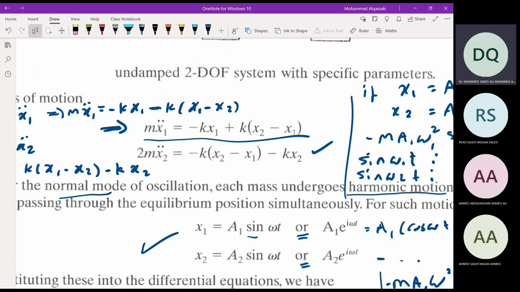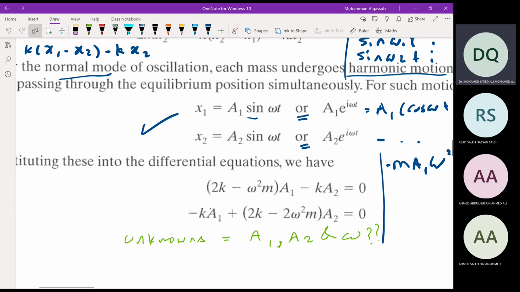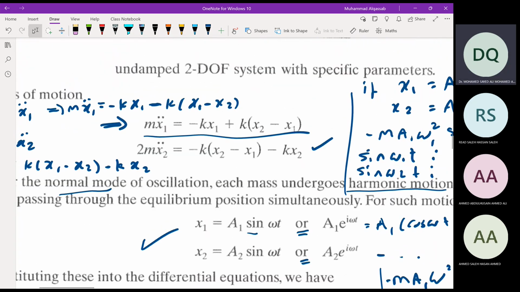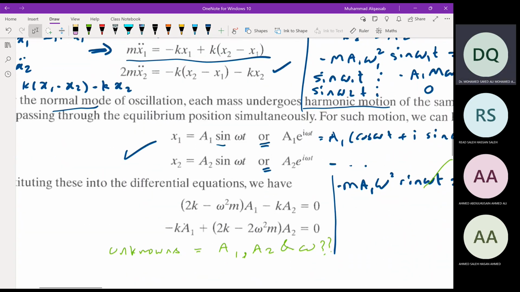So we omitted n and we will use omega 1, omega 2. Now it is omega, which means the natural frequency. So here, with the assumption that omega is the natural frequency to be found.